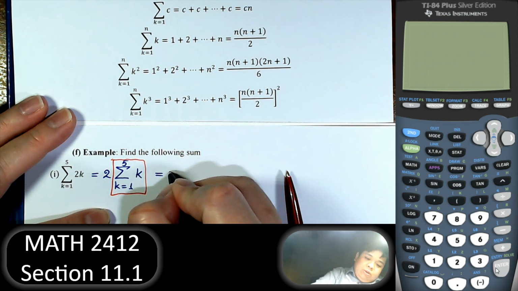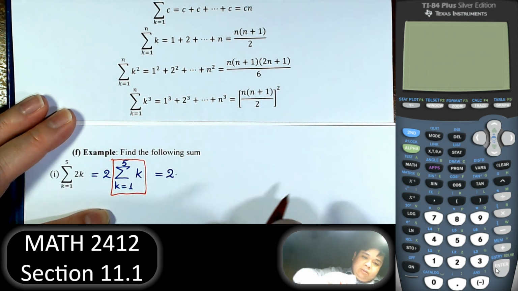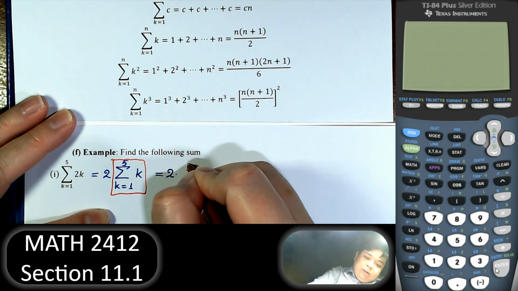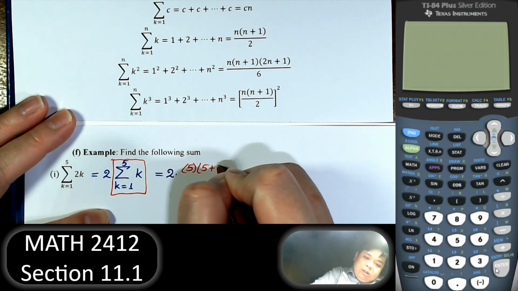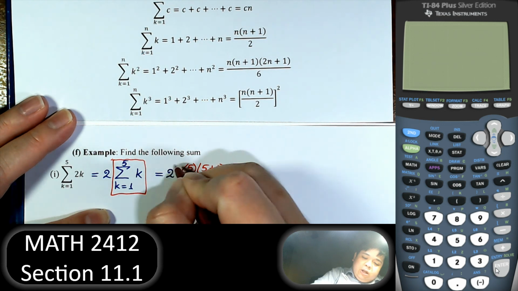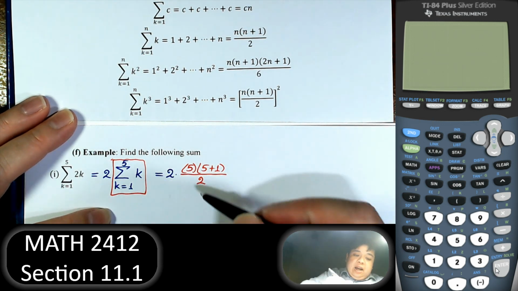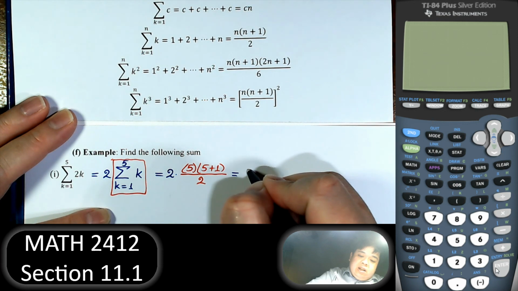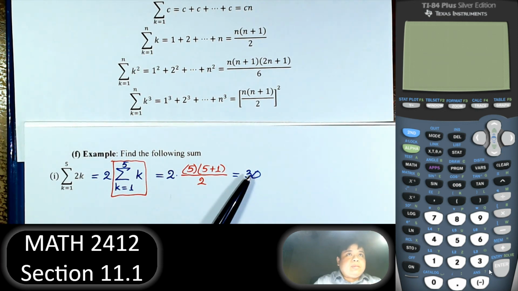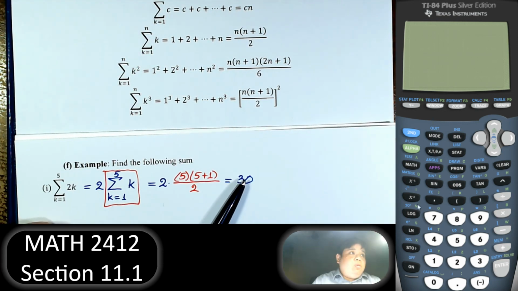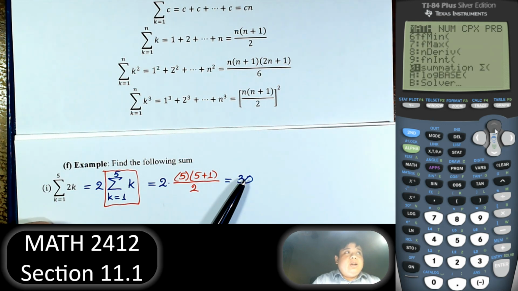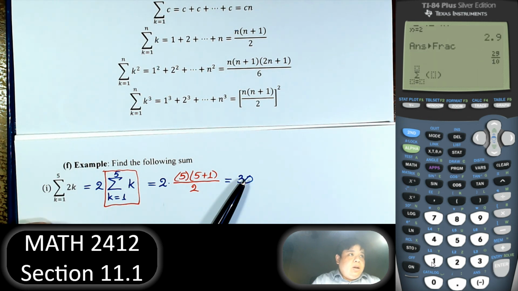So we're going to have 2 times 5 times 5 plus 1 divided by 2. 2 and 2 cancel out, 5 times 6 is 30. Right, so pretty much we use the formula for summation, because if we use the summation formula itself, that goes from 1 to 5 of k, it is 30.